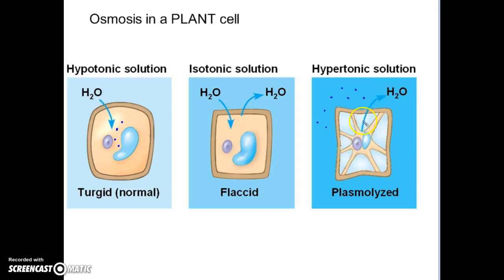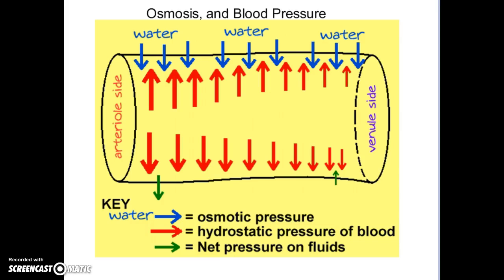And so it's not a very good situation for a plant cell. But the cell would shrink a little bit, and because of the cell wall maintaining its structure, you'll only see a little bit of wilting.